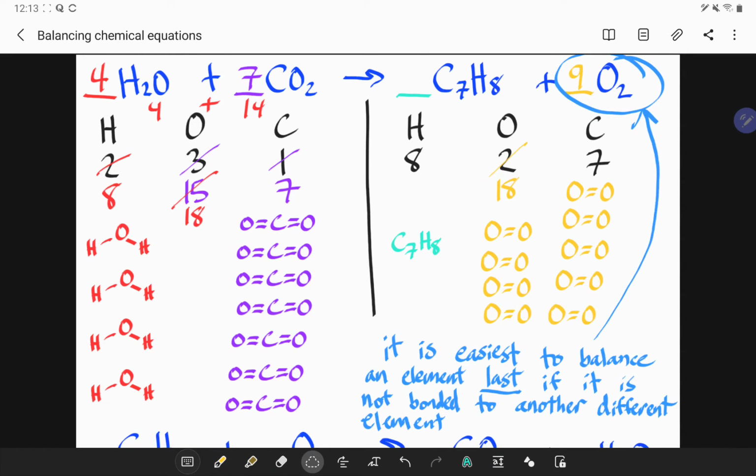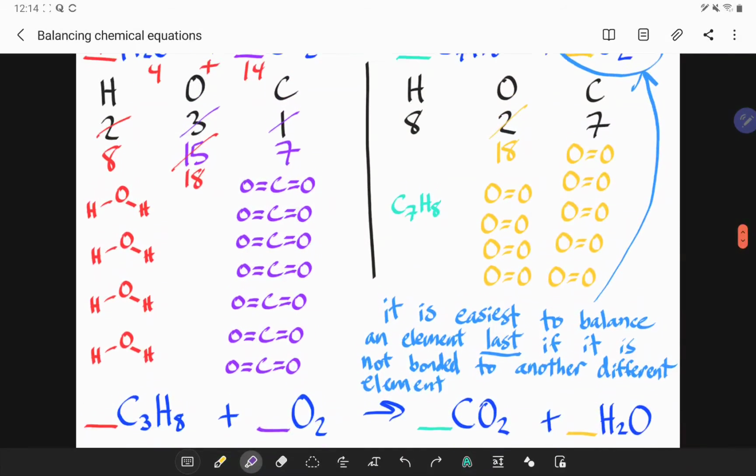All right, if I count them, we now have 1, 2, 3, 4, 5, 6, 7, 8, 9, 10, 11, 12, 13, 14, 15, 16, 17, 18. I have 18 oxygens, so 18 oxygens on both sides of the equation now. All right, when we double check our work, we see 8, 8, 18, 18, 7, 7. Everything is balanced. We got that question right.